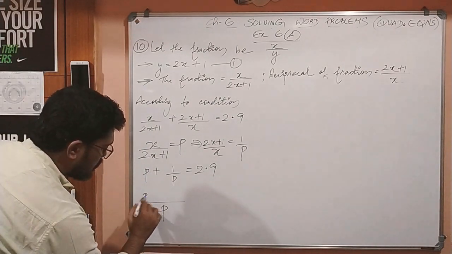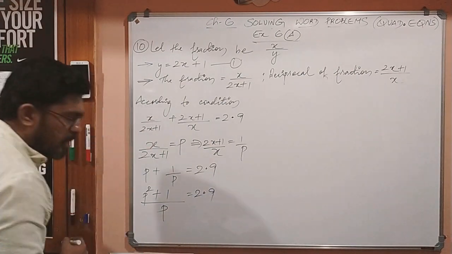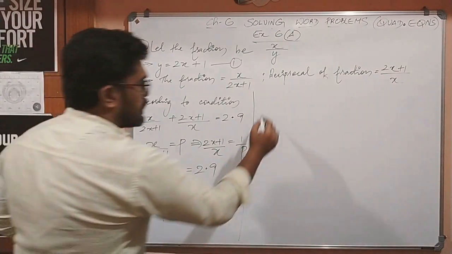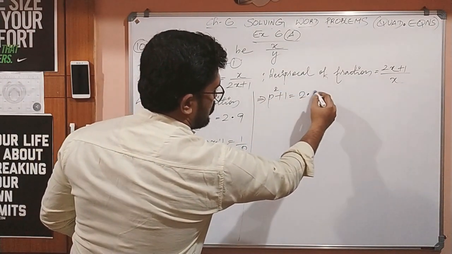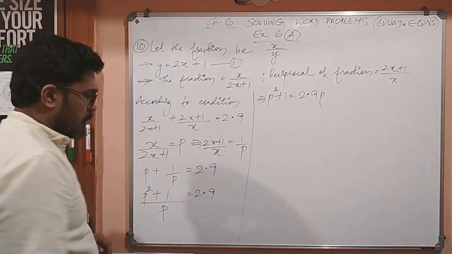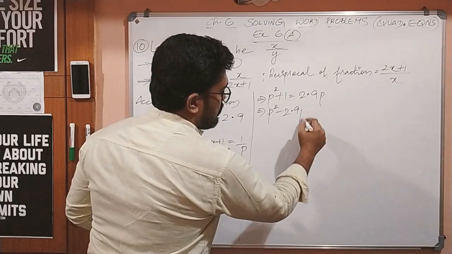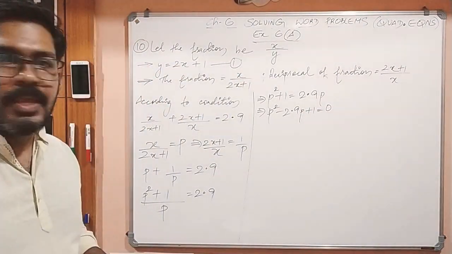P into p is what? P square plus 1 is equal to 2.9. So children, this implies p square plus 1 is equal to 2.9p. Therefore, p square minus 2.9p plus 1 is equal to 0.